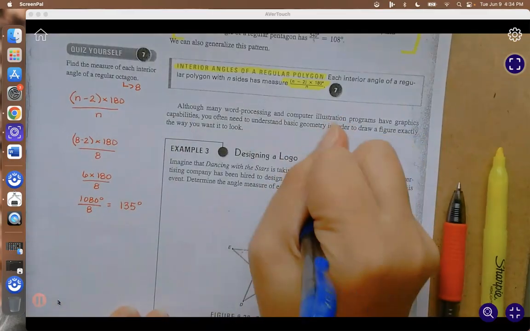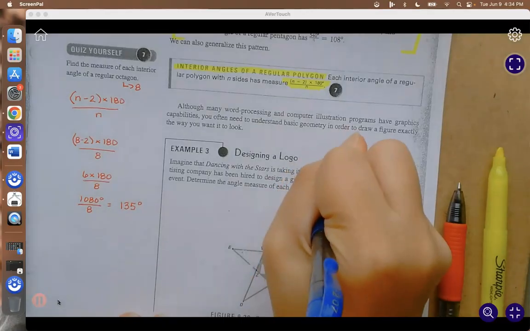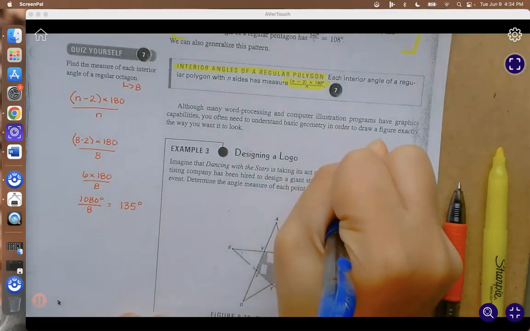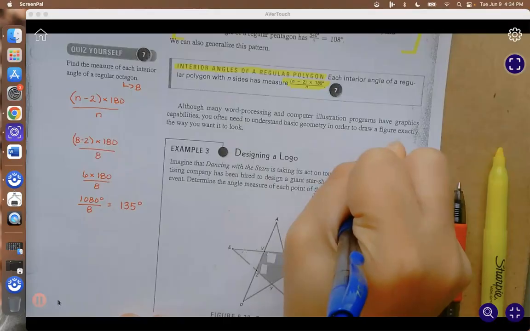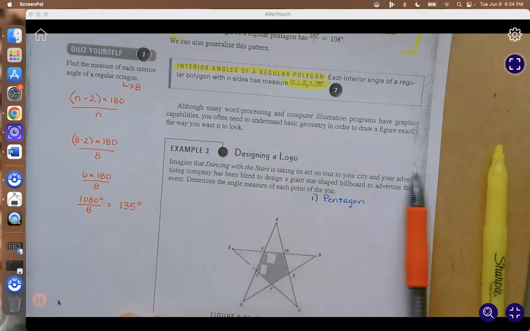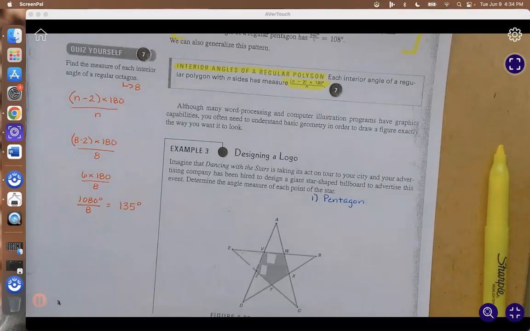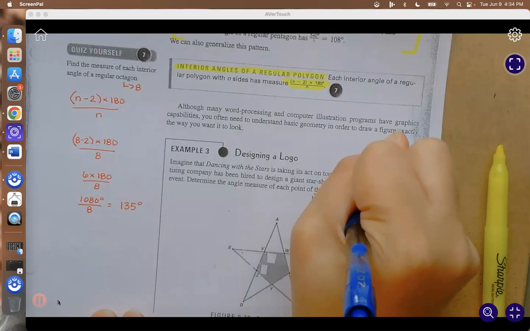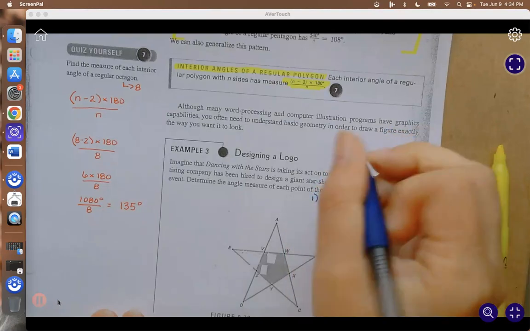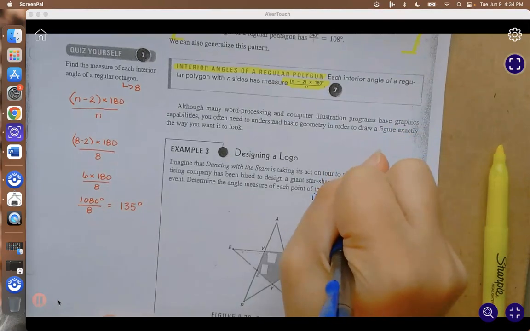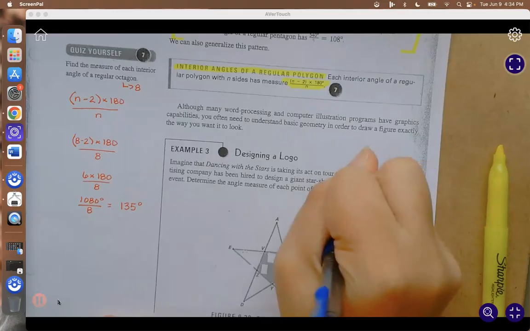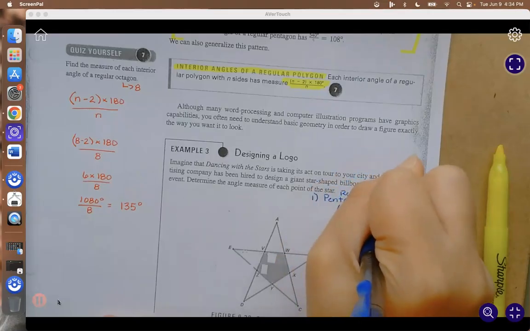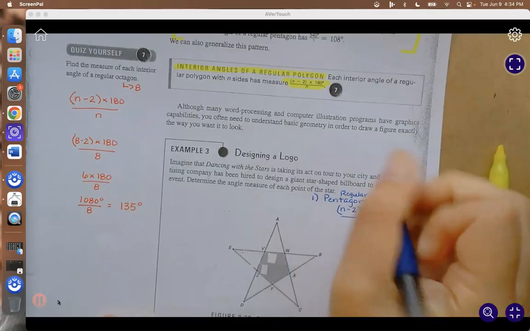Step 1. We have a pentagon. Okay, and it's a regular pentagon. So that means that I'm going to use n minus 2 times 180 divided by n.